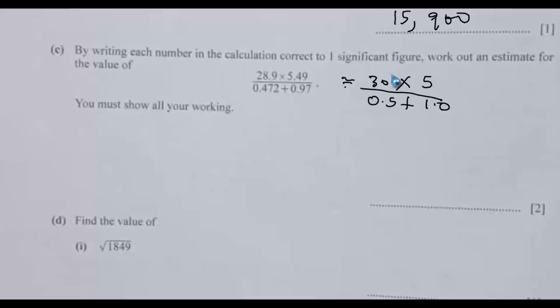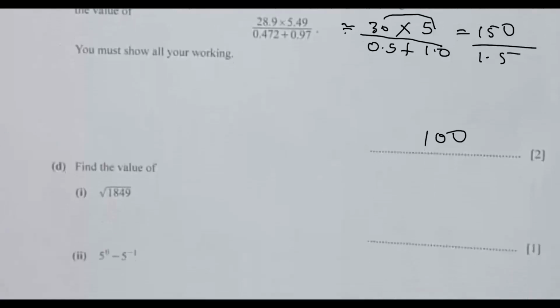So if you do 30 by 5, that will be 150 out of 1.5. And if you take your calculator and divide this, of course it is obvious you should get 100 here.